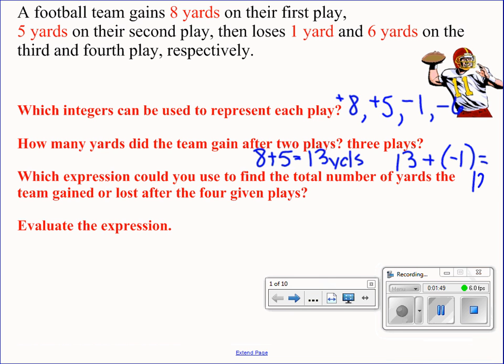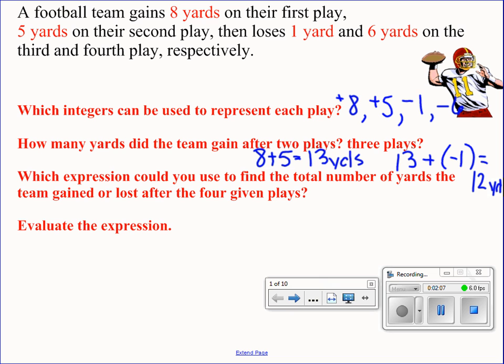I'm going to put 12 right here since I'm running out of room. So if they had gained 13 yards, but then actually lost 1, the total of the 3 plays would be 12 yards.